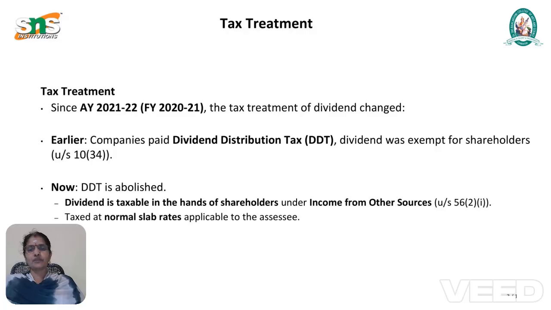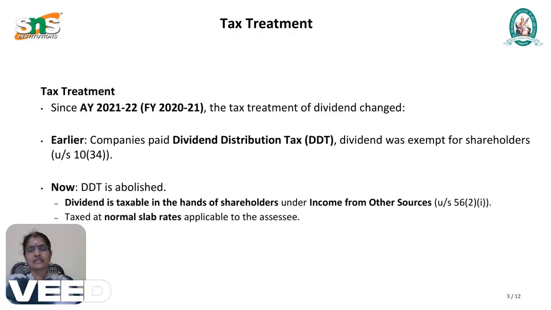Next, we move to the tax treatment for an individual person who receives the amount. Since the accounting year 2021 to 22, that is, the financial year 2020 to 21, the tax treatment of dividend has changed.